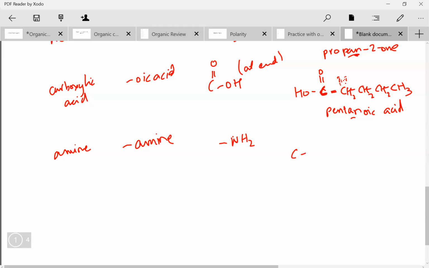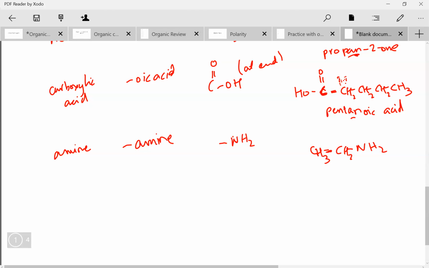So we can draw C. How many carbons do we want? I think we haven't done a 2 before. So we'll do C, C, NH2, H2, H3. Again, filling in the hydrogens based on how many bonds the carbon already has. This carbon had only 1 bond, so we had to put 3 hydrogens.